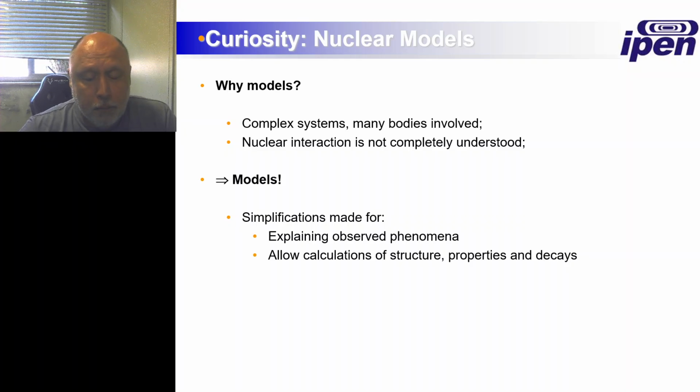For instance, why helium 4 is such a bound nucleus and beryllium 8, which should have 4 protons and 4 neutrons, is not bound at all. So, how come? Models can do that for you. Understand fission, understand fusion processes. And this also allows calculations of structure properties and decays.